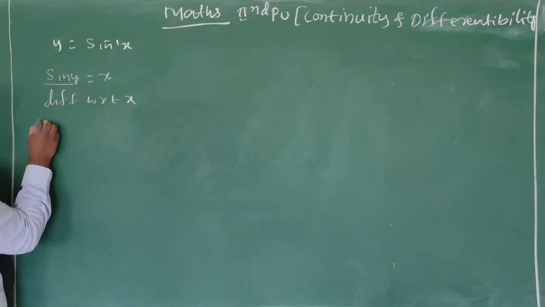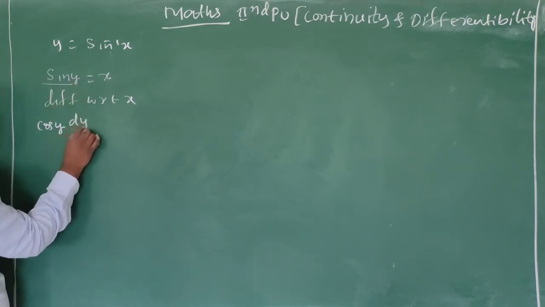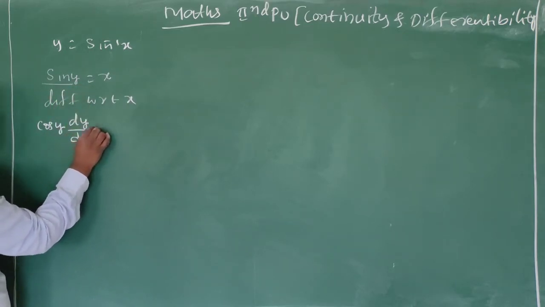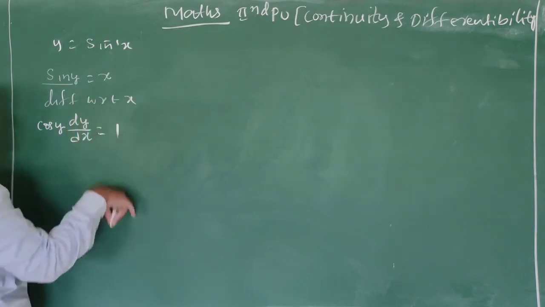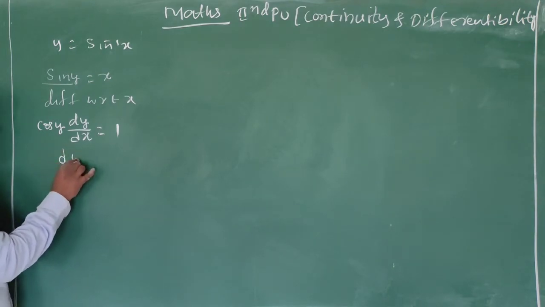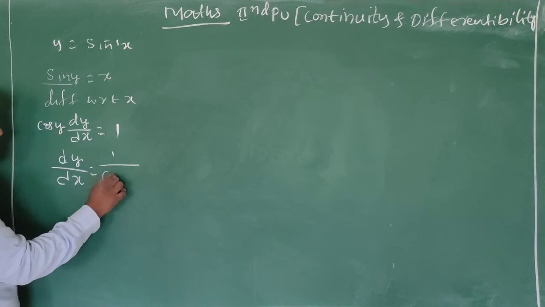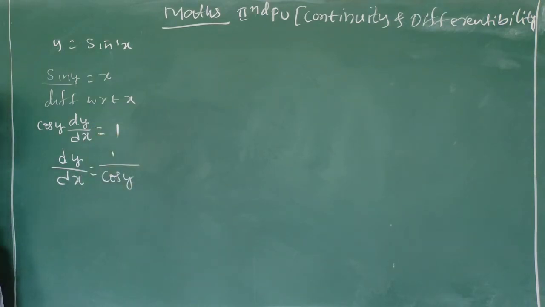Sin differentiation is cos y. Y differentiation is dy by dx. X differentiation is 1. dy by dx is equal to 1 divided by cos y.